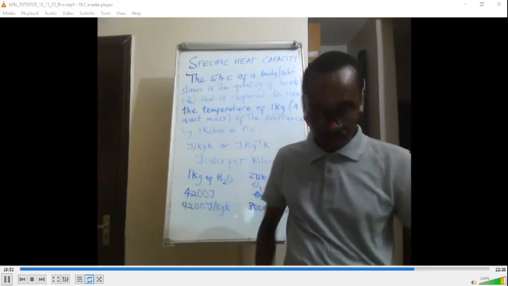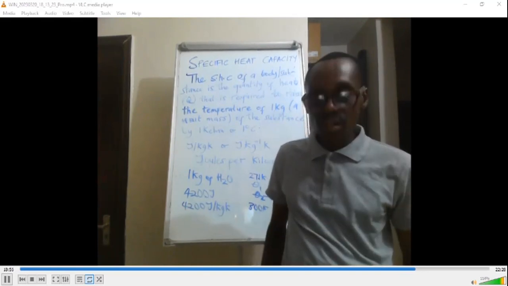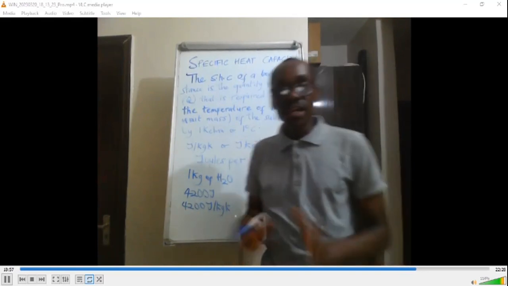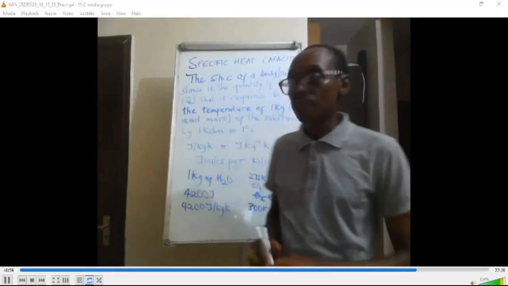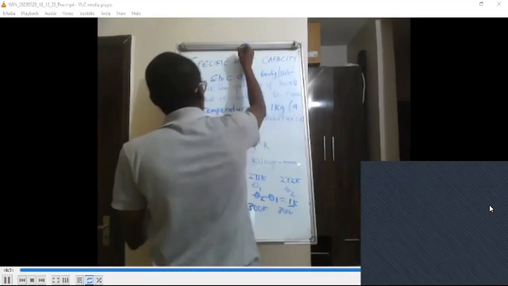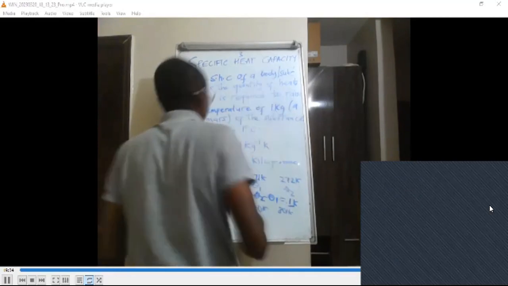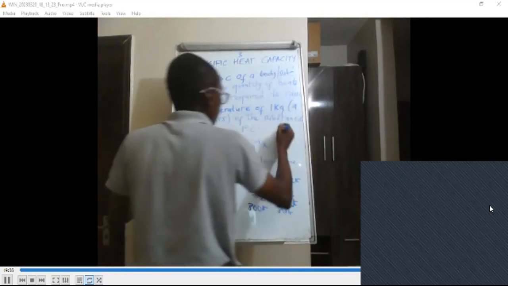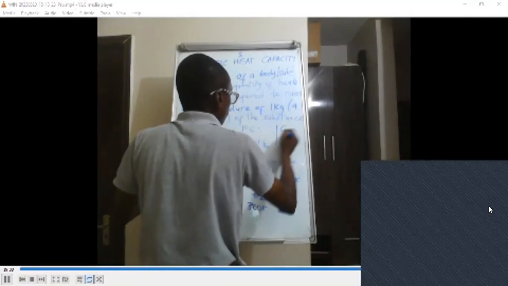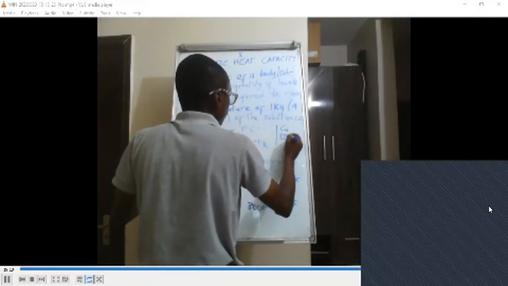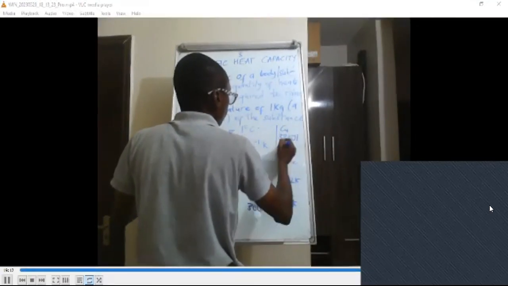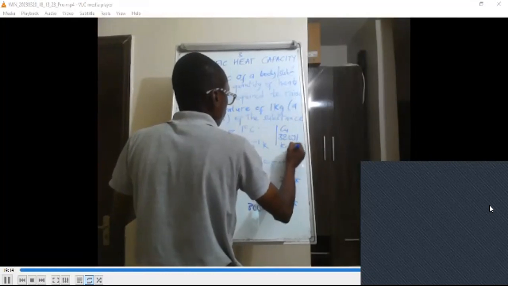Okay, so like I said, copper has its own specific heat capacity. I think that of copper is around 380. The specific heat capacity of copper is around 380 joules per kilogram per Kelvin.